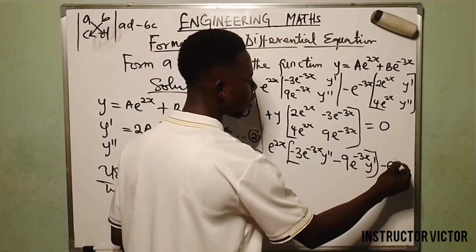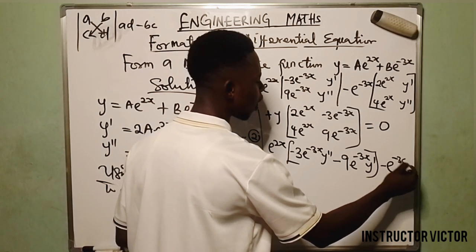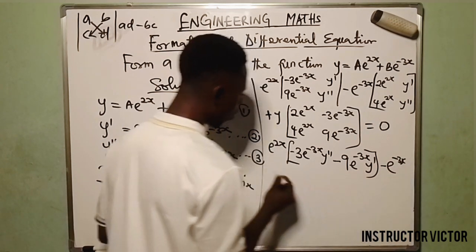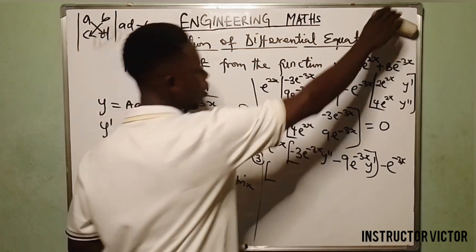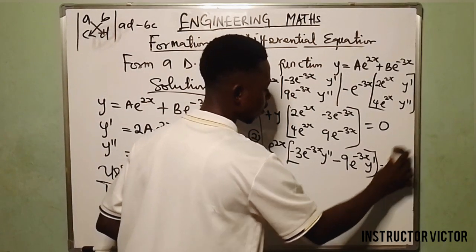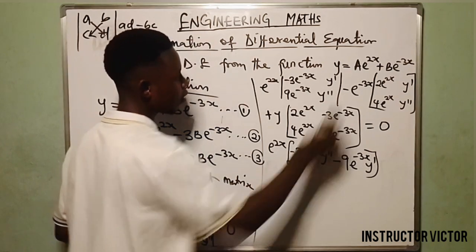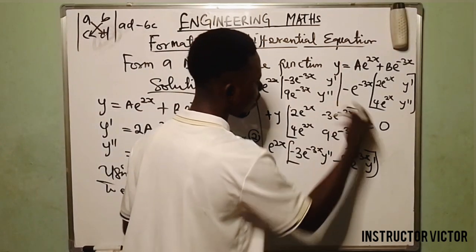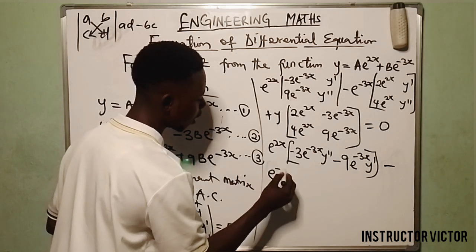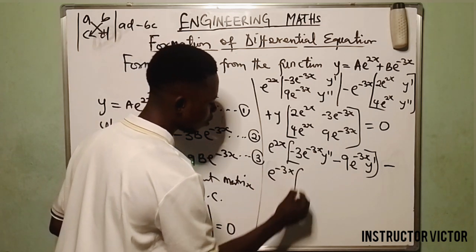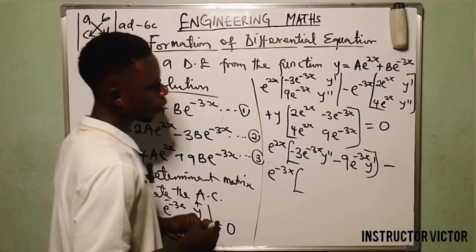Minus exponential minus 3x, you now open a bracket for that one.